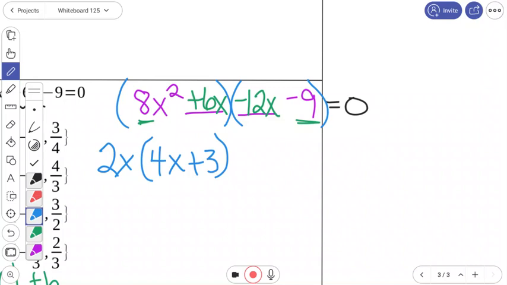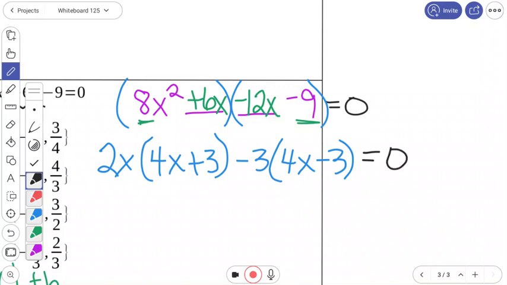We can factor out a 3 from both of those, but I want you to notice both of those terms are negative. So I can actually factor out a negative 3 right here. And what that does, negative 12x divided by negative 3 gives us a positive 4x. And then negative 9 divided by negative 3 gives us our minus 3. And of course, bring down our equals 0.